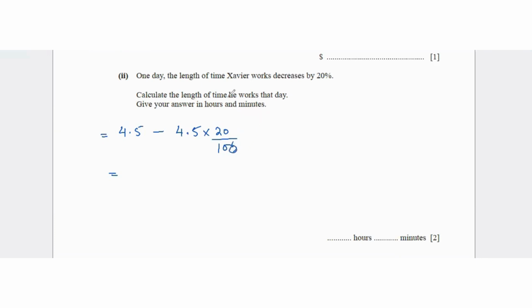So 4.5 times 20 divided by 100 is 0.9. So 4.5 minus 0.9 equals 3.6. So 3.6 is the new value in hours.